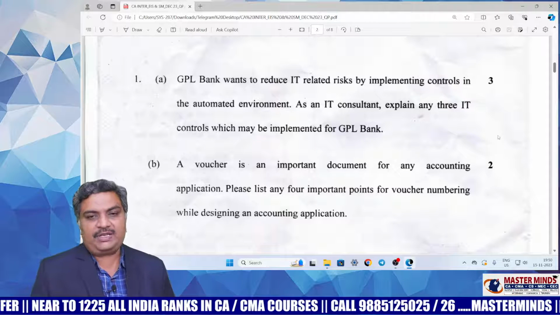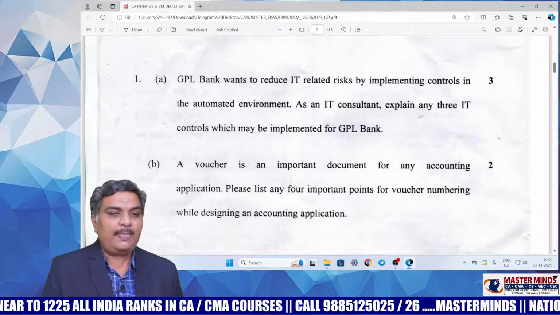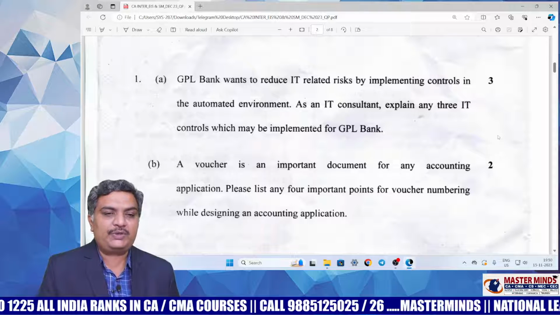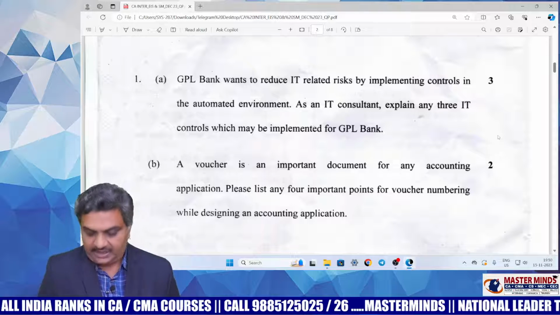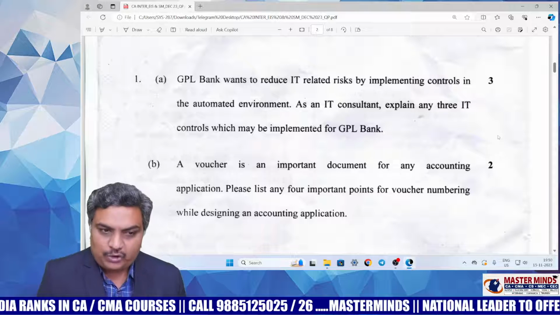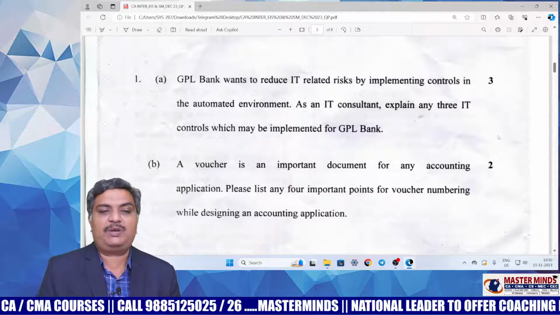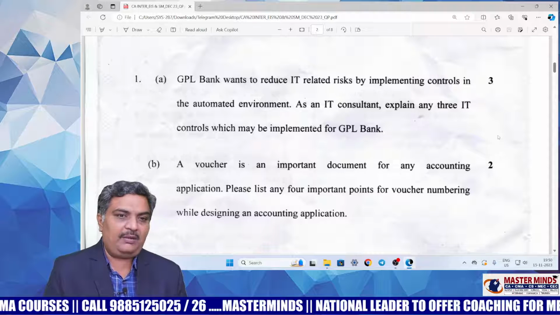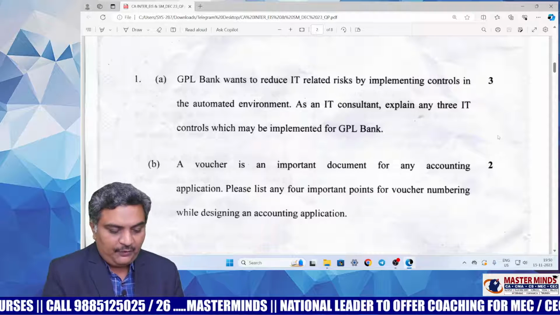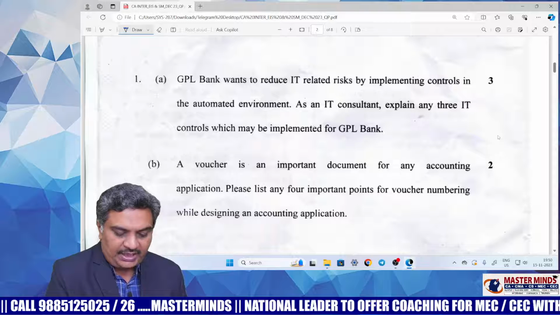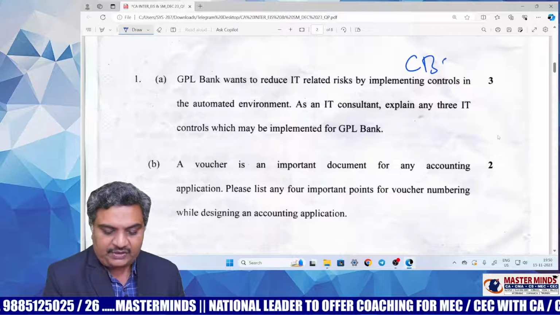Now, if we just look at the questions, the first one is: GPL Bank wants to reduce IT related risks by implementing controls in an automated environment. As an IT consultant, explain any three controls which may be implemented for GPL Bank. If you observe, this question is from core banking systems.